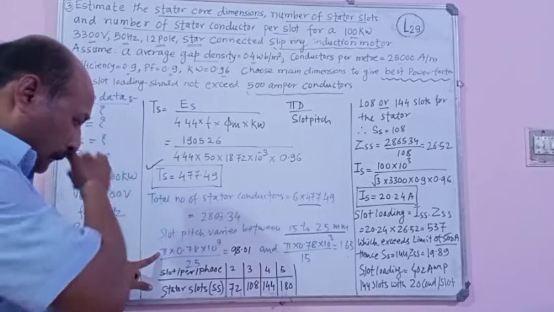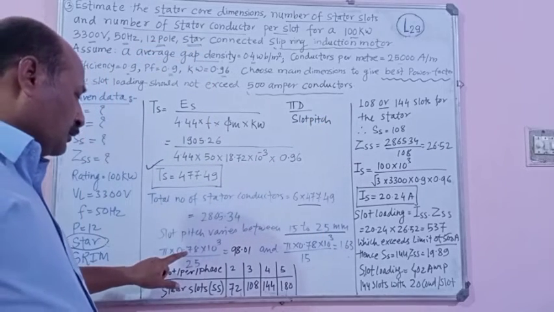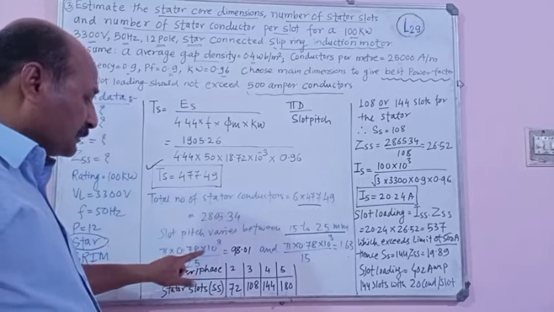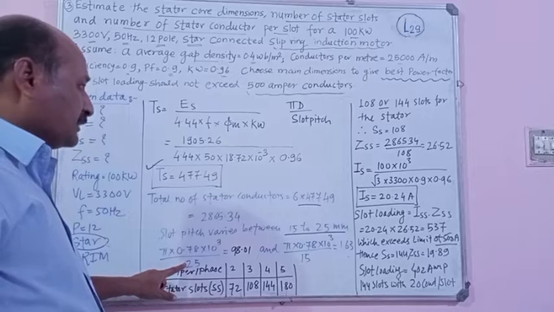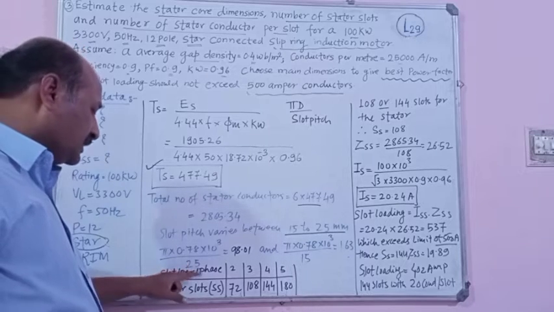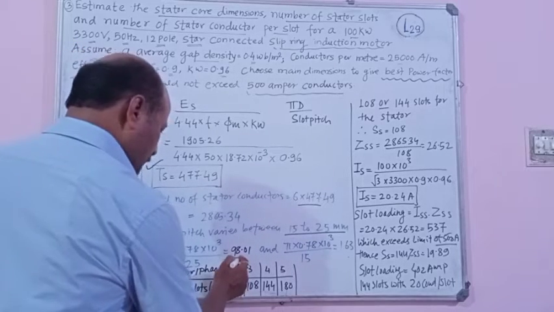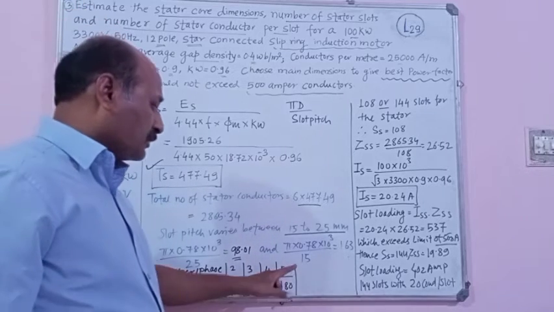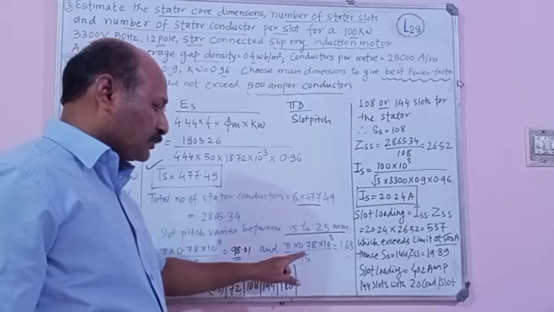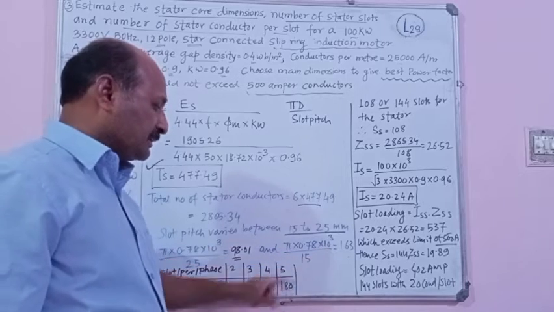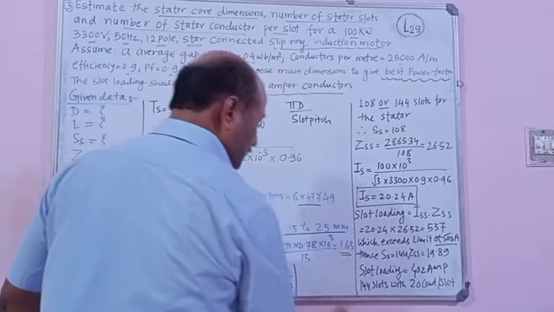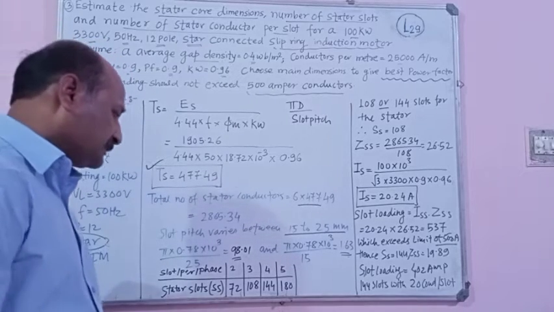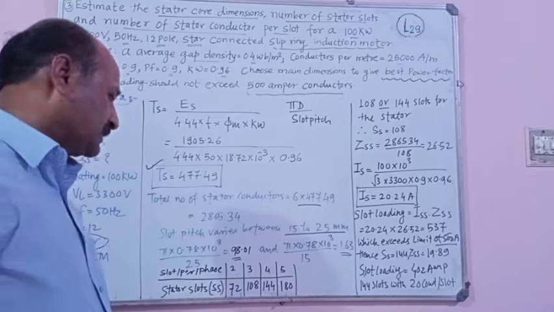So we have pi, then we have the value of D equals 0.78 meter, divided by 25. So you will get the number of slots for 25 millimeter equals 98.01, and for 15 millimeter, pi into 0.78 divided by 15, that is 163. Means the stator slots lie between 98 to 163.